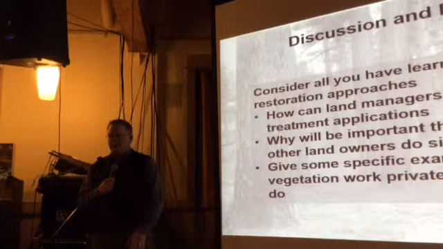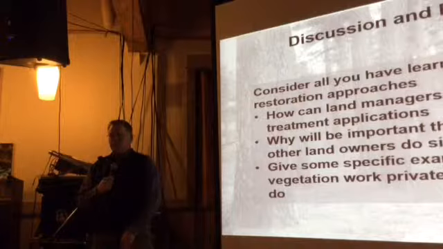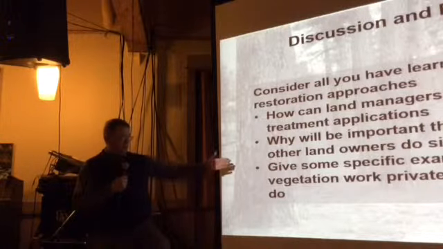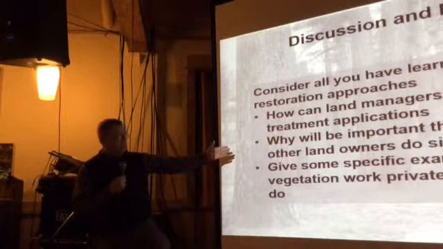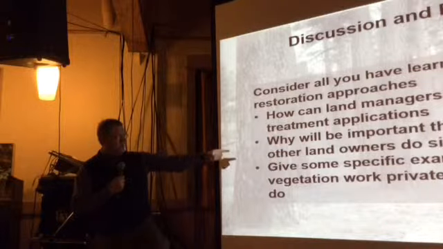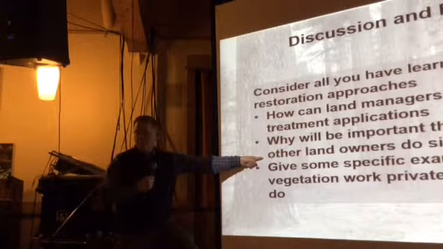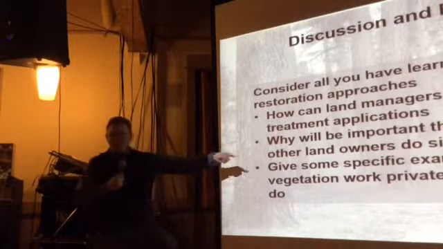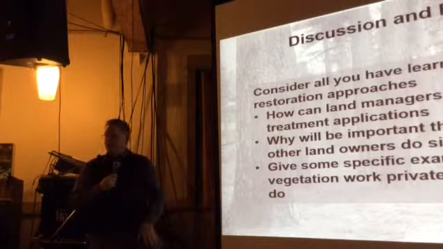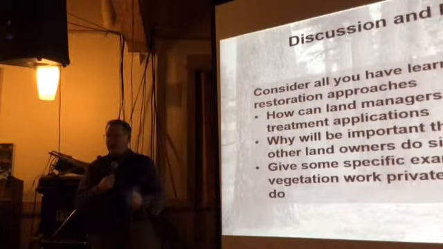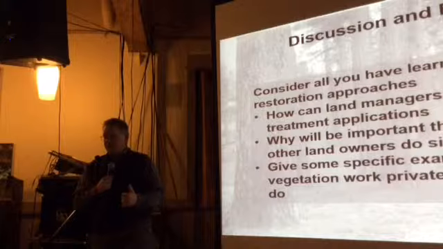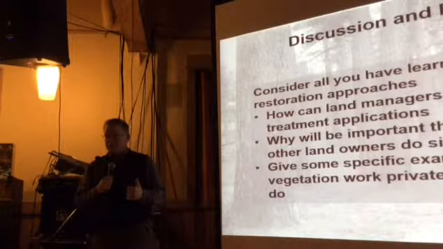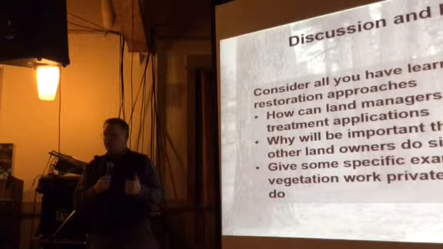Right. So one of the things that we struggle with as land managers is this whole notion of adjacent landowners. Imagine this Ranger District, for example, how many different landowners do we have adjacent to where National Forest is? It's a bunch.